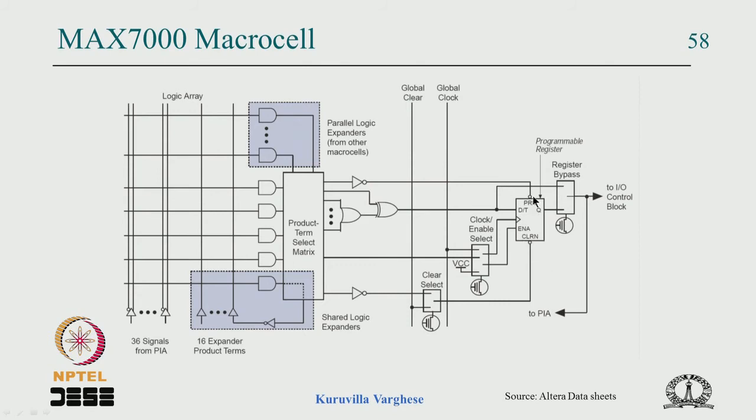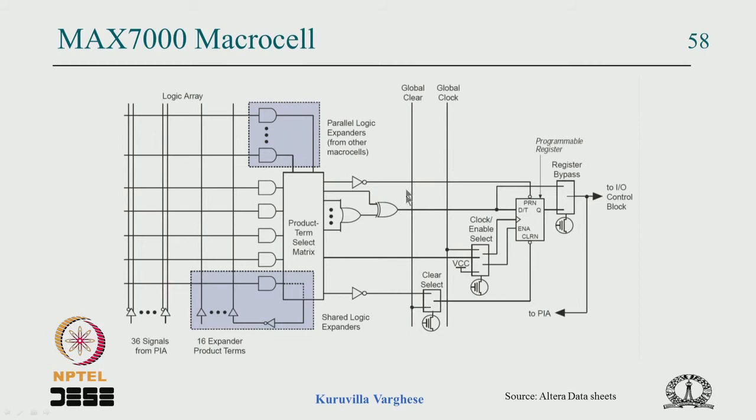It has an asynchronous reset which, you see, can be controlled by a product term. So that is how the switch comes. Suppose you want to reset it using this product term, it is possible. There is a connection here which this switch makes, and then you can reset that. Similarly there is an asynchronous clear pin which now has two options.